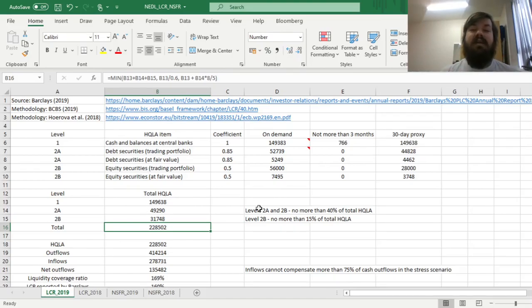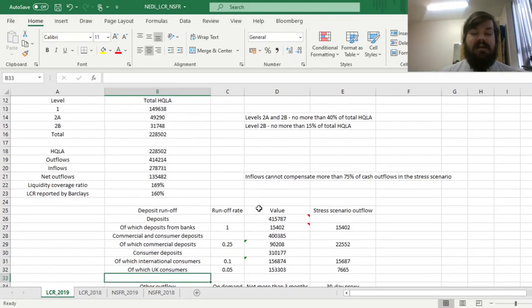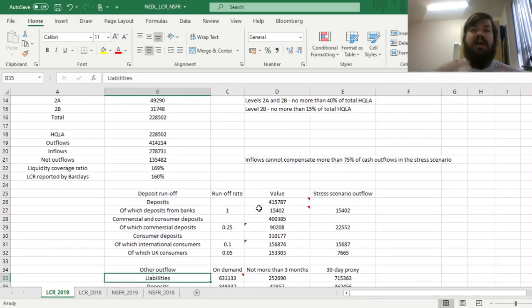And the liquidity coverage ratio should be at least 100%. So at least all of the net cash outflows in a stress scenario can be compensated by the liquidity pool available to the bank. And the idea is that, first of all, we have to consider the deposit runoffs. How much of current deposits are to be liquidated under a stress scenario.